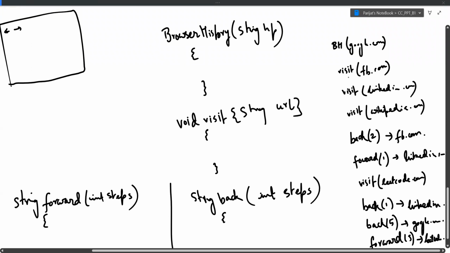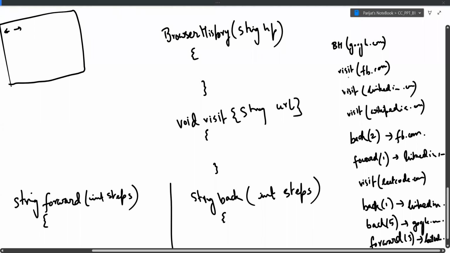For back, we go back the mentioned number of steps, and if the temporary pointer is equal to head, then we stop at that position.